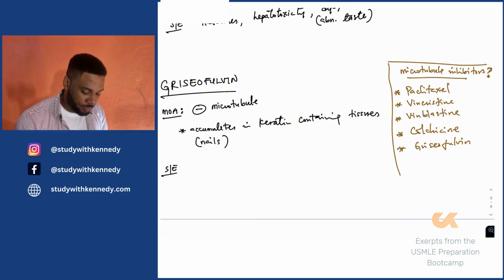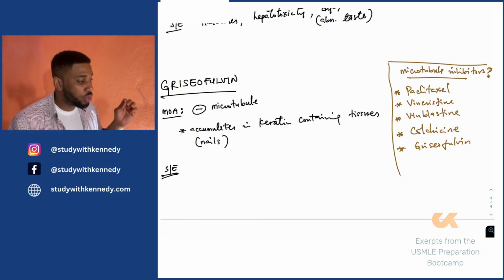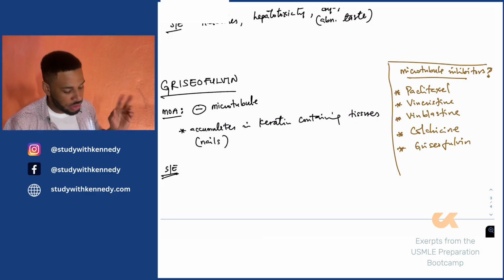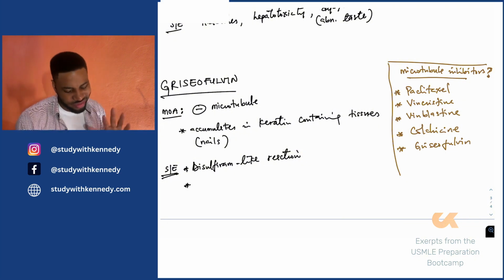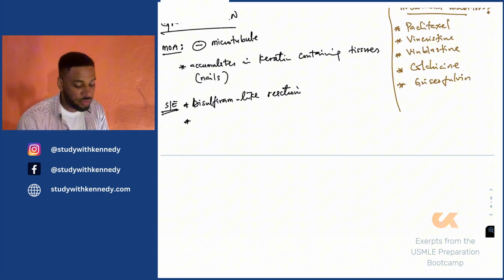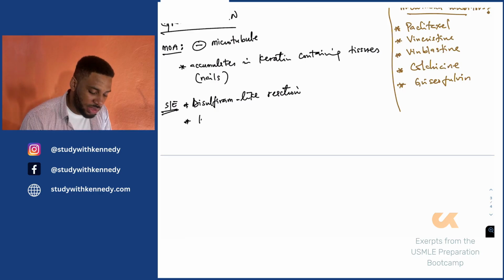The side effect griseofulvin is going to cause, what do we call it? Disulfiram-like reaction is probably the big one. Disulfiram-like reaction is probably the most popular side effect of griseofulvin. Griseofulvin is an inducer of P450, and is teratogenic.